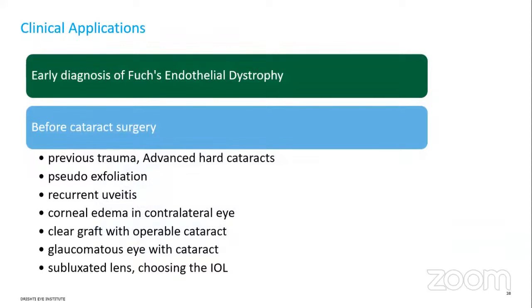Now coming to the various applications of the clinical specular microscope, the most important indication is early diagnosis of Fuchs endothelial dystrophy. We can also assess the endothelium before cataract surgery in cases where there is a history of previous trauma, in advanced hard cataracts, pseudoexfoliation, recurrent uveitic conditions, and corneal edema in the contralateral eye, and also with a clear graft when planning cataract surgery with a PK, and a glaucomatous eye with cataract and subluxated lens when choosing an IOL.